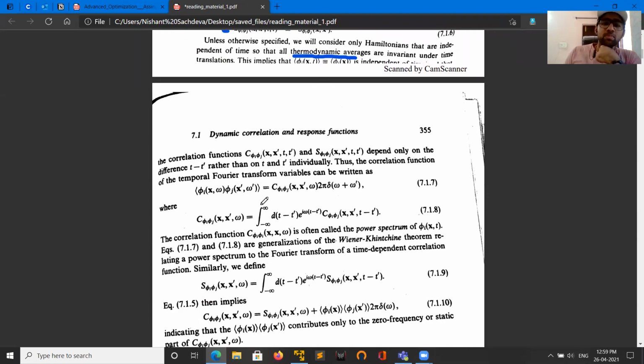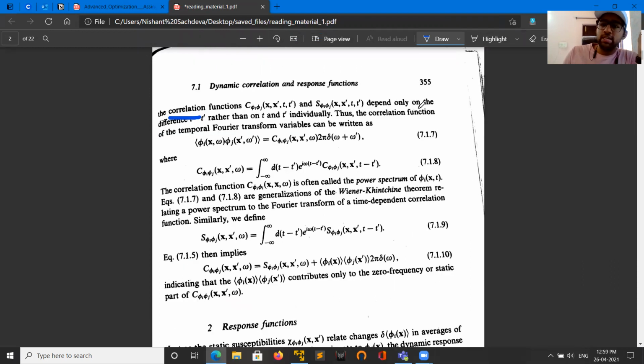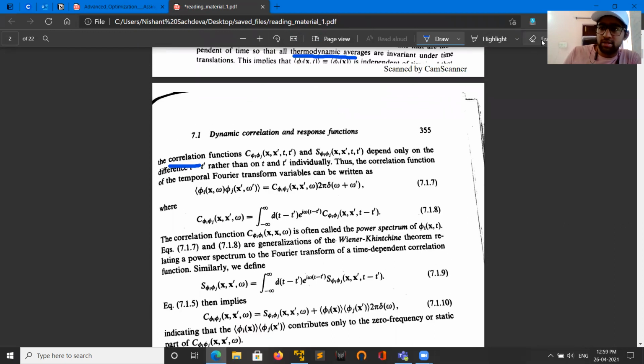As we calculate ahead, we get the correlation functions C phi i phi j and S phi i phi j, and we want them to depend only on the difference t minus t dash. This got hidden under my writing, so I'll erase it a bit. So we want the functions to depend only on the time difference rather than the actual values.